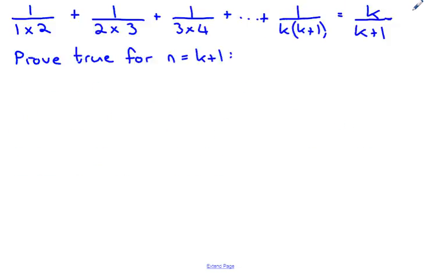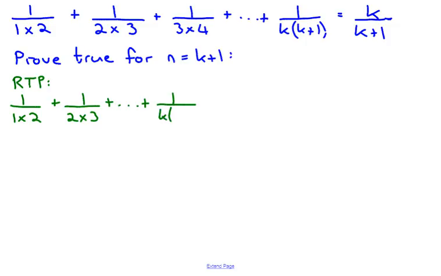Right, when you're doing this, it's usually quite helpful to just write down what you're required to prove, but please put an RTP next to it or put it in brackets or make it colorful, something that I know is not part of your proof. So I just want to remind myself what I'm required to prove. On the left-hand side, my second last term will be 1 over k times k plus 1.